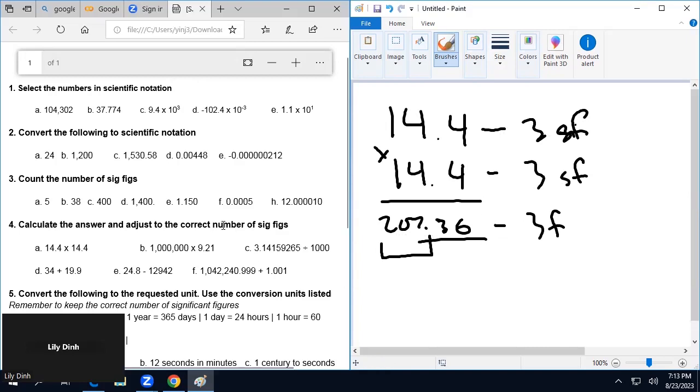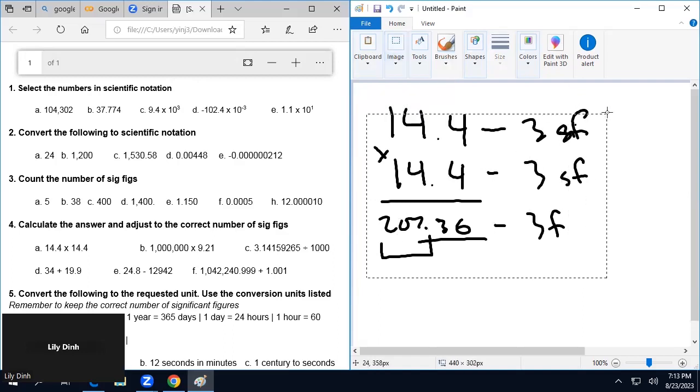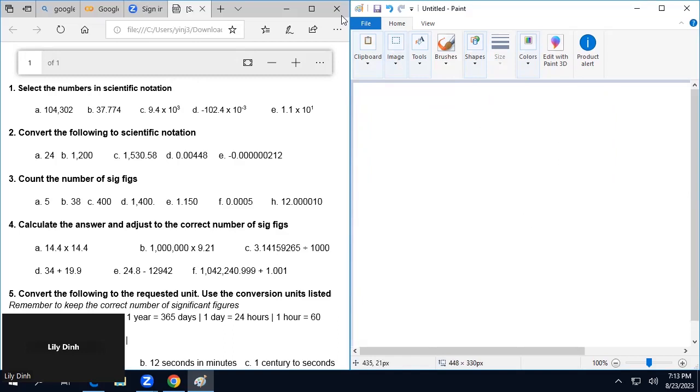All right, next question. 1 million times 9.21. Still going to be 3 sig figs. That would be calculated.